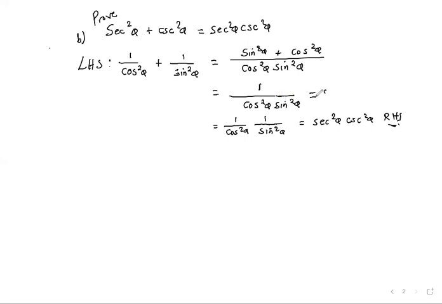Just say equal to sec squared theta cosec squared theta, the right hand side. If you can see that you can do 1 over that, 1 over that, for as long as I'm correct up to there, then I'll just connect. The clear thing is that people will assume that I've seen that it's 1 over cos, 1 over sine. I know that I'm correct here, I'm correct there, I'm correct here, so I'm done. Because they can't figure out the next step, it means that I've reached the answer.